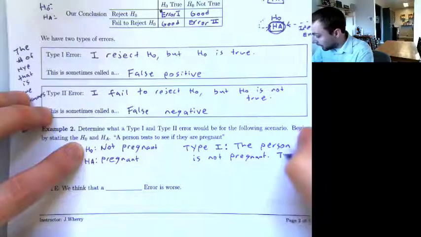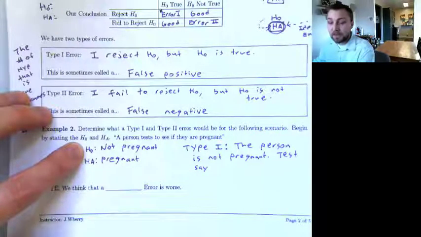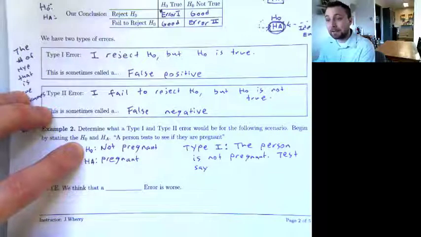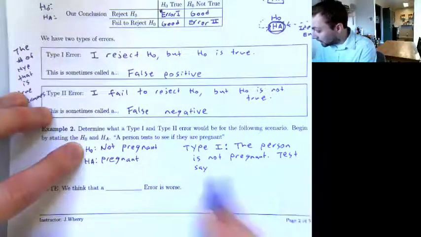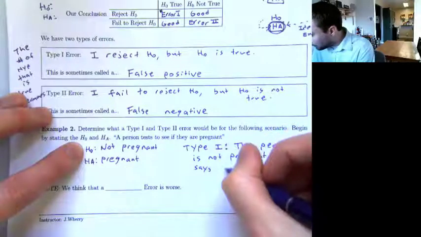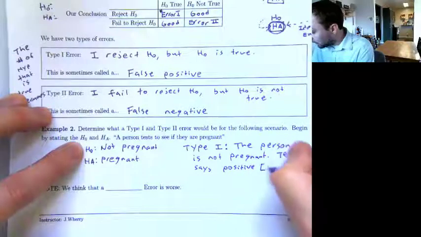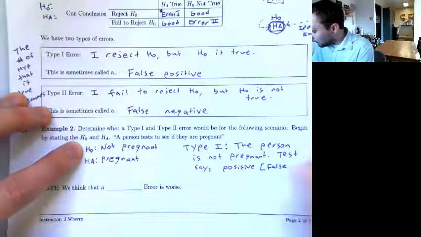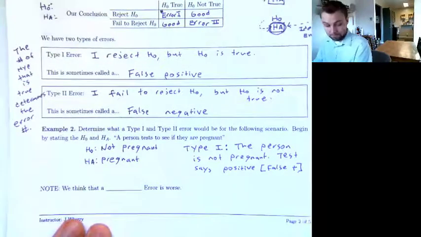So that's what's going on in real life, but let's think about what the pregnancy test could say. That would be a bad thing to say in this situation. So if the person is not pregnant, it would be bad if the test says that they are positive when they are not in fact positive. They would be coming up with a false positive. They think they're pregnant when they're not.